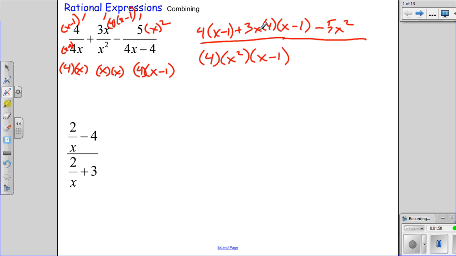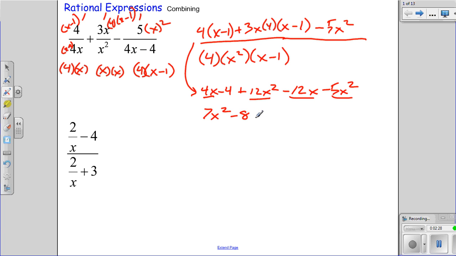So what I want to do now is distribute. So I'm going to rewrite the top down here. So I have 4x minus 4 plus, and then here we have 12x squared minus 12x, and then minus 5x squared. Okay, and all I'm going to do now is combine like terms. So the x squareds go together, and we have 7x squared. And then we have the x's next, which are here and here, so minus 8x.